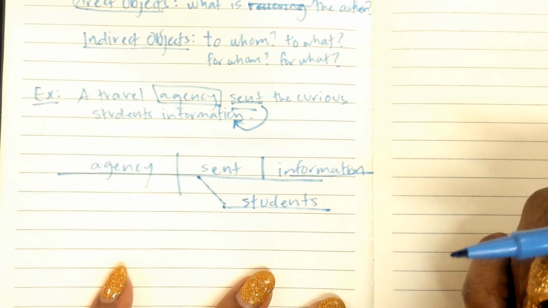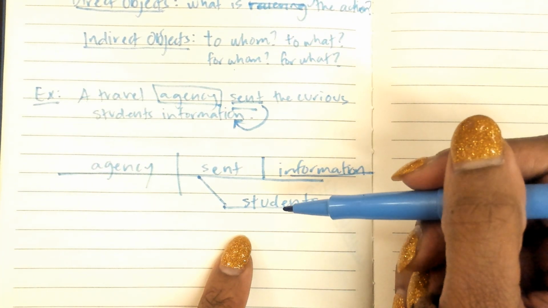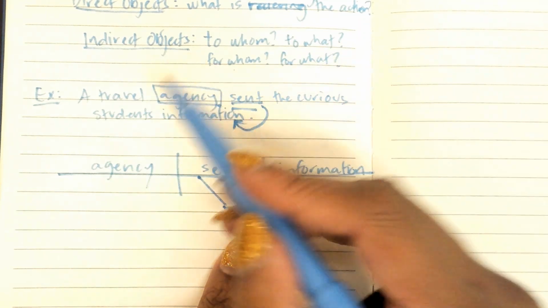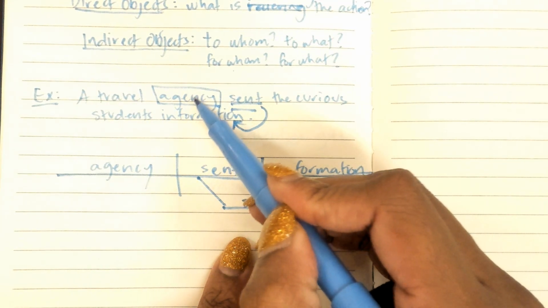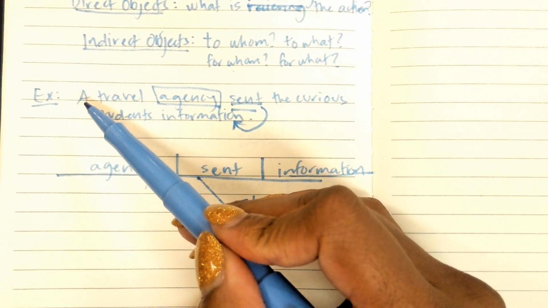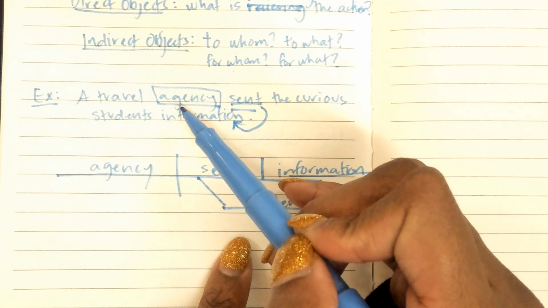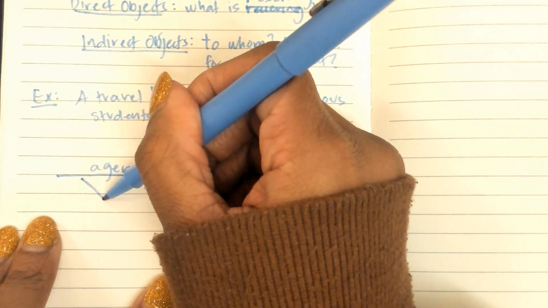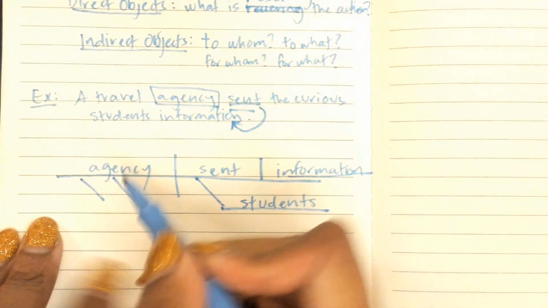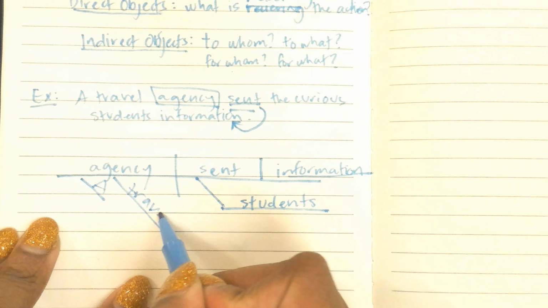Okay, great. And now let's figure out all these other words. Okay, what does travel help us understand? Travel helps us understand what kind of agency. A tells us what agency? A agency. So both of these modify the word agency. Remember, whichever one comes first in the sentence goes first in the diagram.